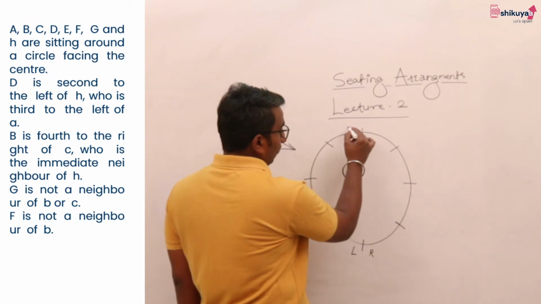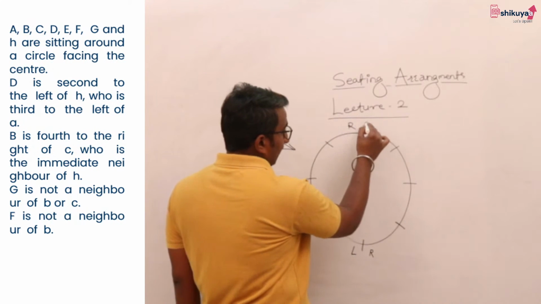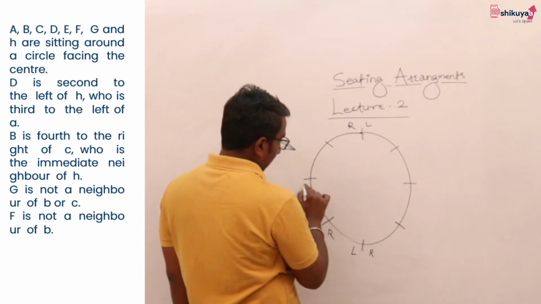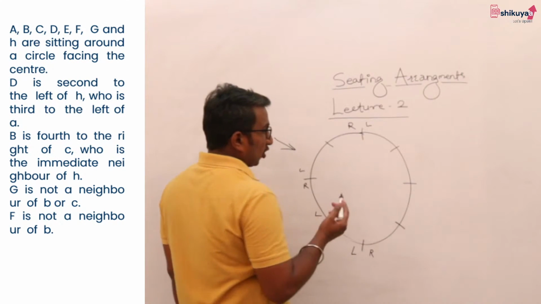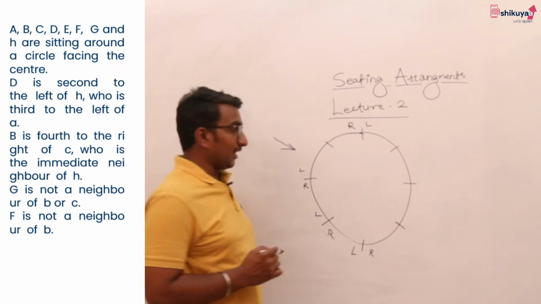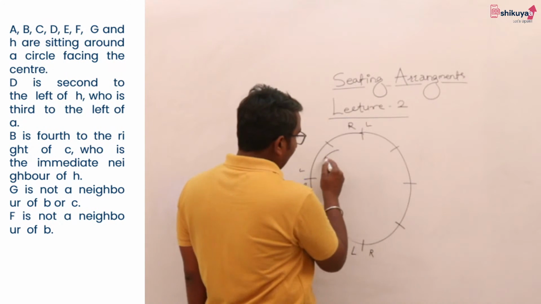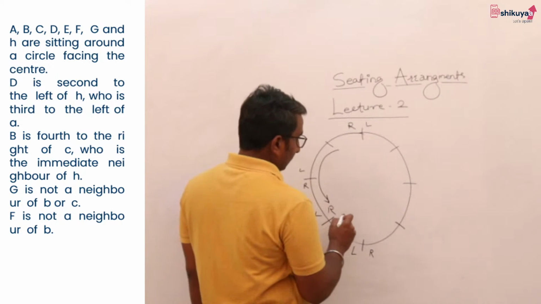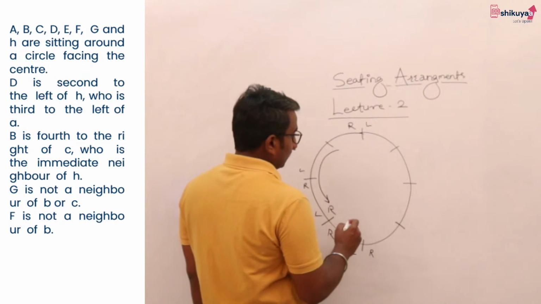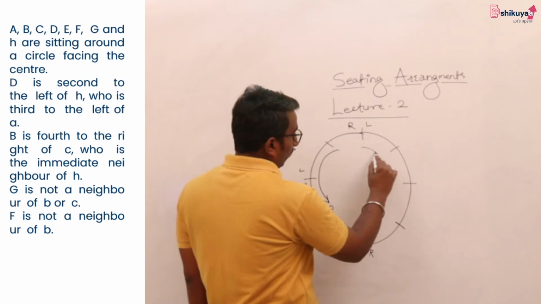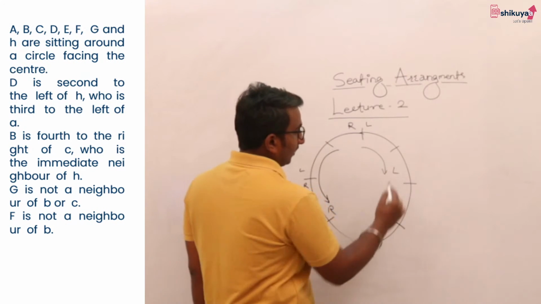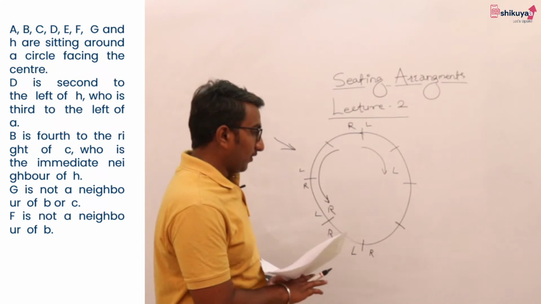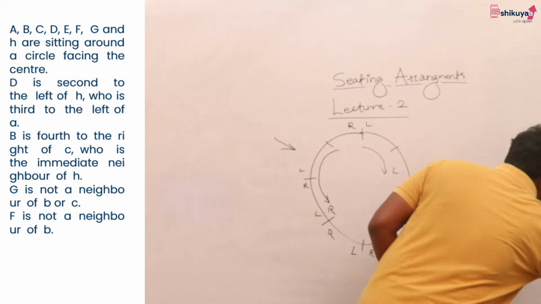The right direction of the person sitting over here will be this, and left will be this. So in general what we can state is that the anti-clockwise rotation is in the right direction and clockwise rotation is in the left direction. So this is our basic understanding, and according to that we are going to place the data.